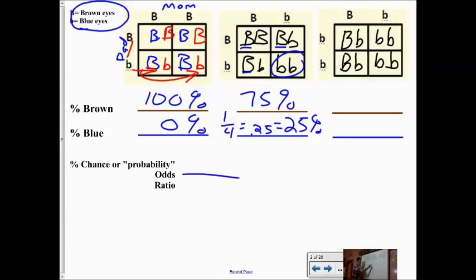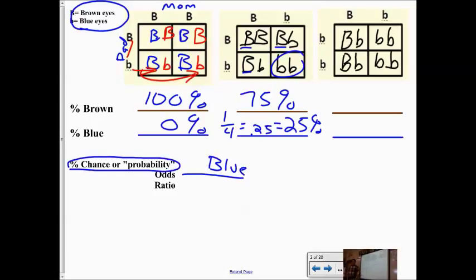What if I ask you, in this case, what are the odds that these 2 parents will have a blue-eyed baby? Now, this one right here, second example. If I ask you what the odds of them having a blue-eyed baby, Chase? 25%. Okay, here we're not talking about percent. Percent was the last one.